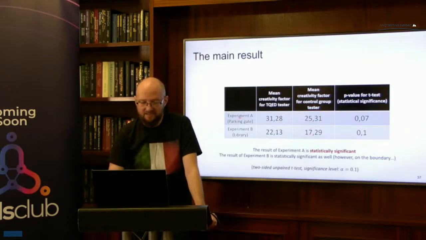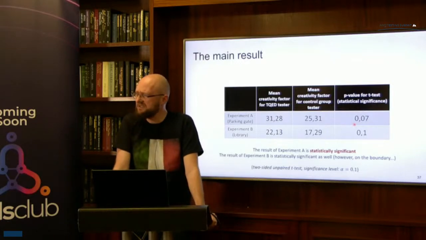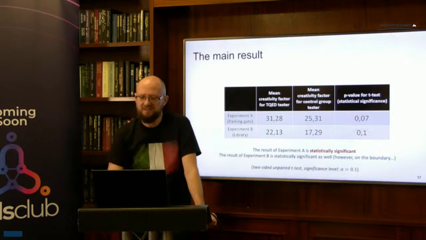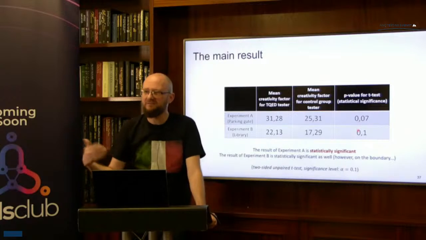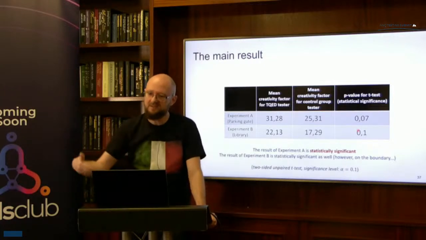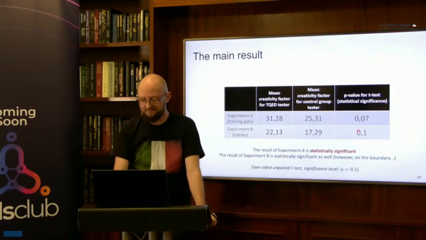In case of the parking gate, the statistical significance is 0.07. It means that the result is significant statistically. Experiment B is, let's say, on the border, but still we can say that the difference is not because of some random factor, but because of using this TQED technique.